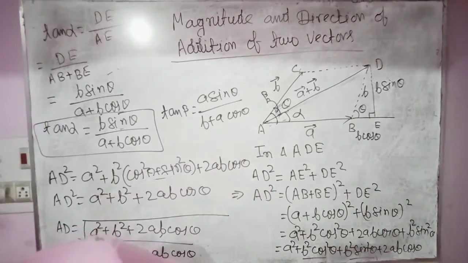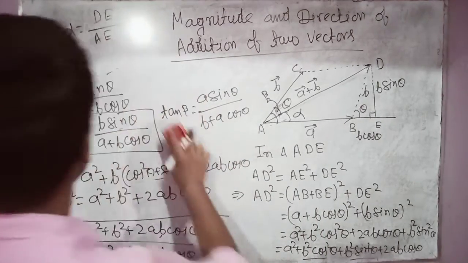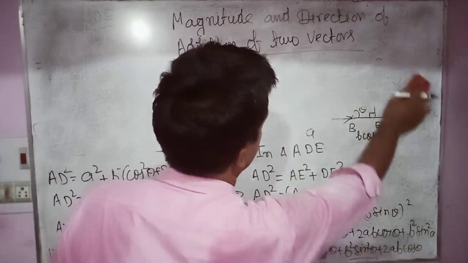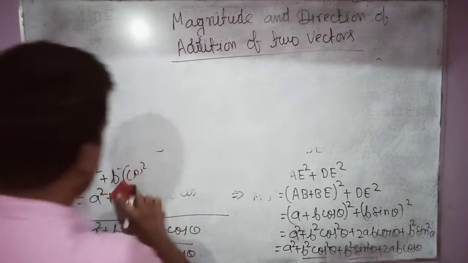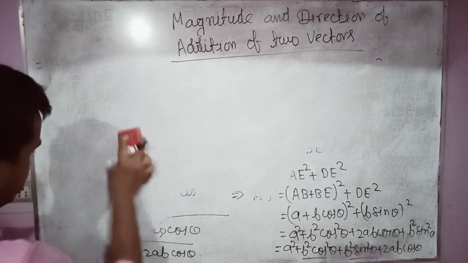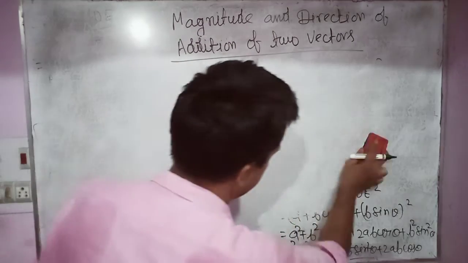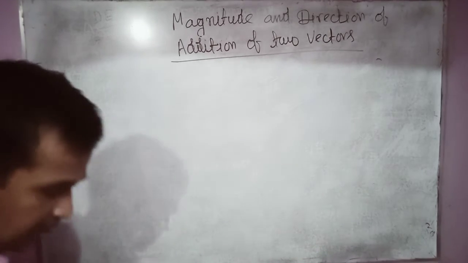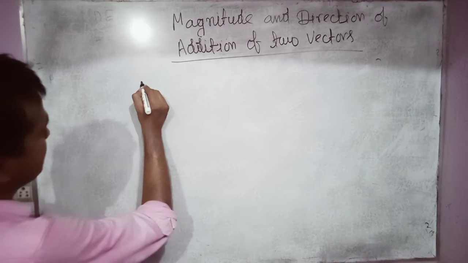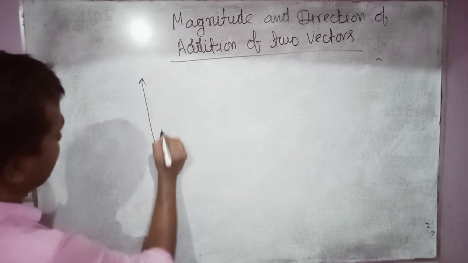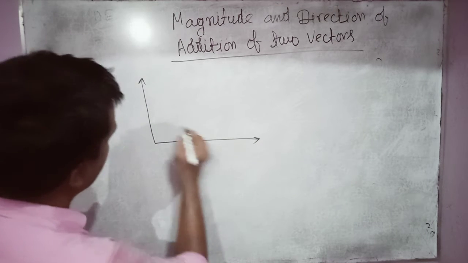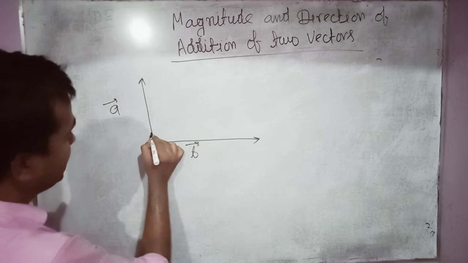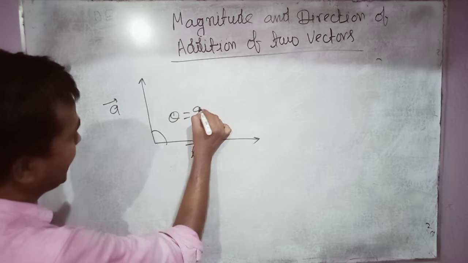Now let us take a problem. Let there be two vectors, vector A and vector B, and let the angle between them, theta, be 90 degrees.